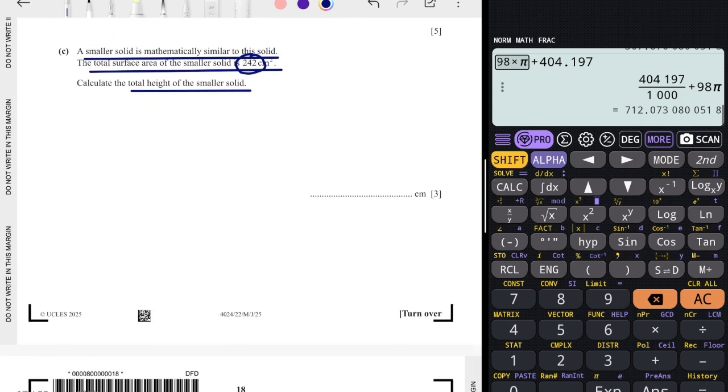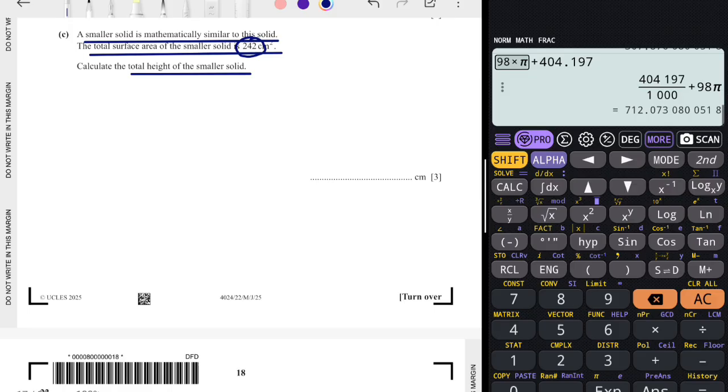So let us choose the formula for similar figures, that the areas and lengths of similar figures are proportional to each other. So A1 over A2 is equal to H1 over H2 whole squared.